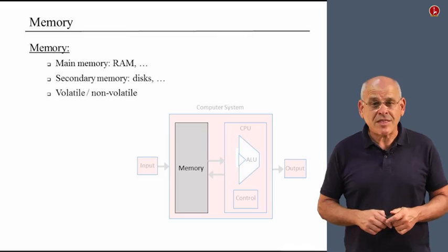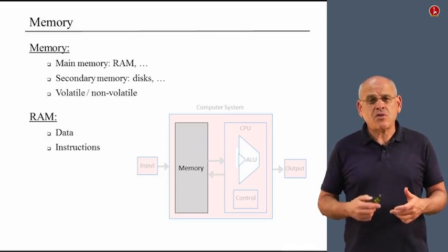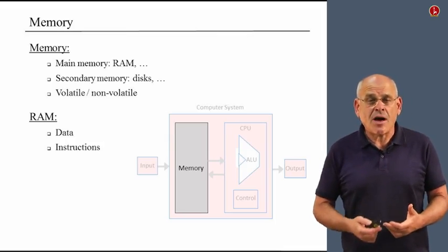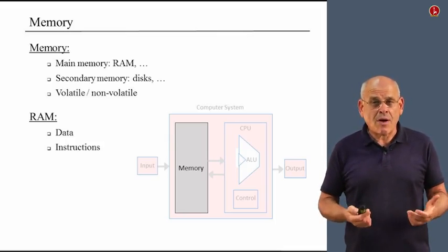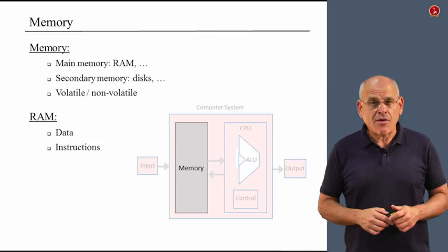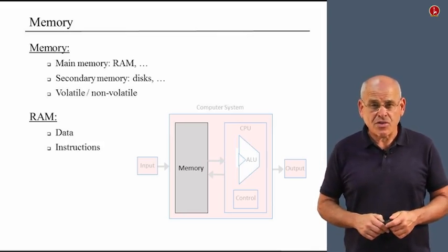So we have this distinction. The RAM is used to store both the data on which our programs operate, as well as the instructions, which are the building blocks of the programs themselves. And we will talk about this duality later on in the course when we talk about the overall computer architecture.